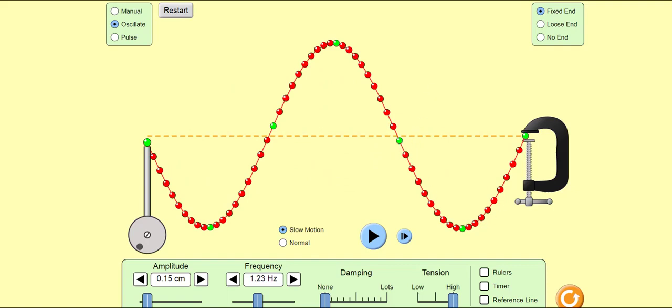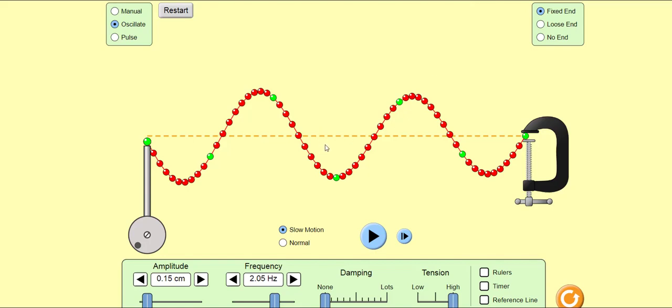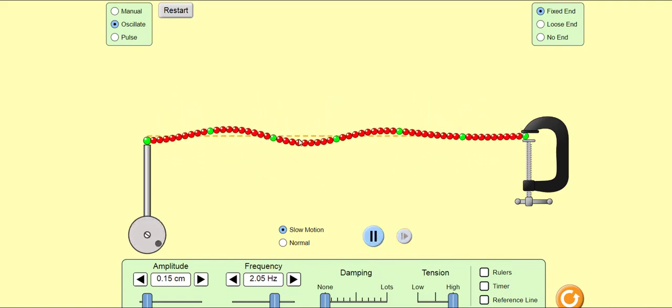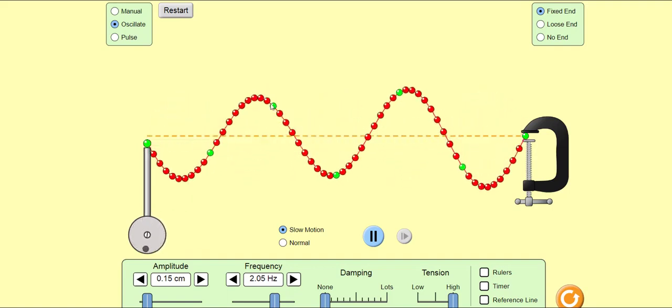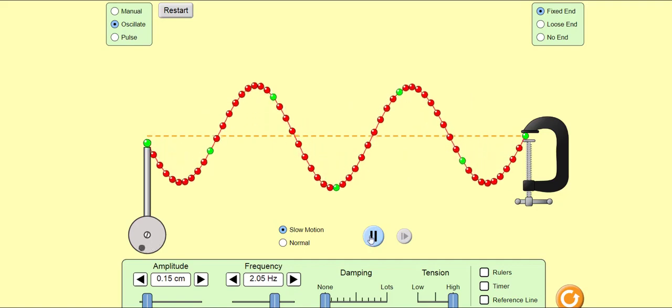Notice that the particles in this loop are separated from the particles in this loop by a single node. What if we were looking at a higher harmonic, for example this fifth harmonic, and we were interested in the phase difference between this green particle here and this green particle here? Let's press play and find out. Well, it looks as though these green particles over here and over here are pi out of phase as well.